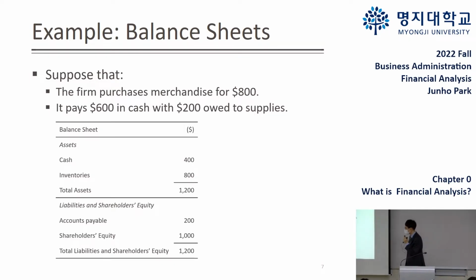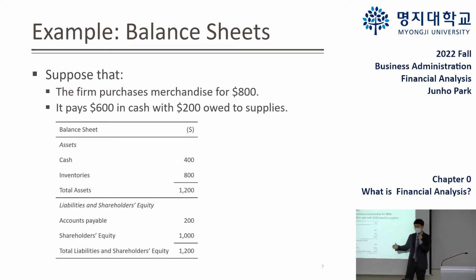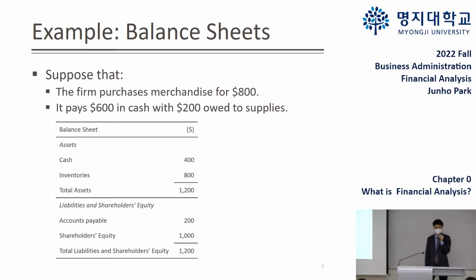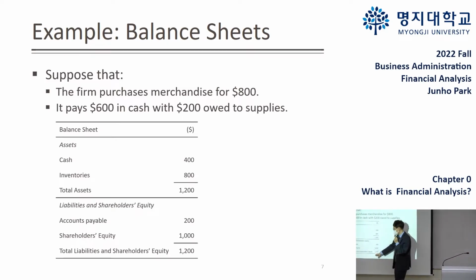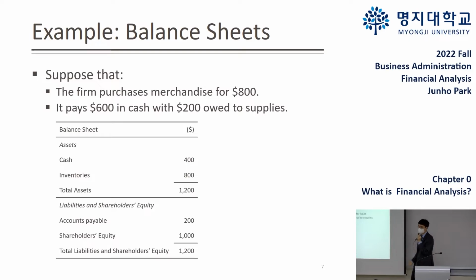So as a result, by summing these two, you get total liabilities and shareholders' equity of 1,200. And surprisingly, this equals total assets again. So we can see that for the firm, in aggregate, the equation holds.